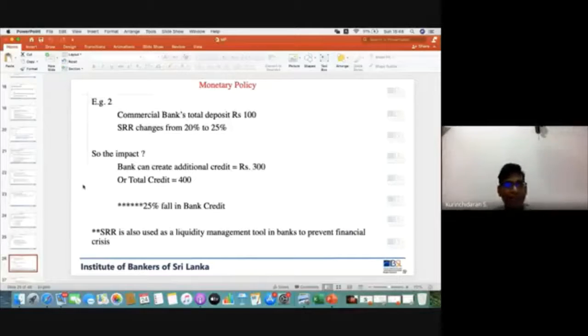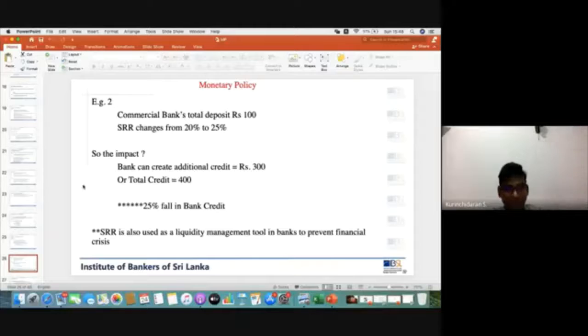Now let's assume commercial bank total deposit 100 as in the previous example, and SRR changes from 20% to 25%. What is the impact? If you use the formula and calculate, the bank can create additional credit of 300 rupees only. That means total credit is only 400.